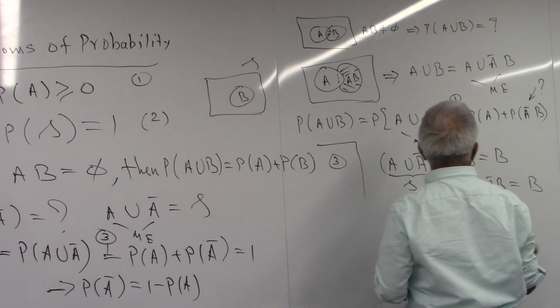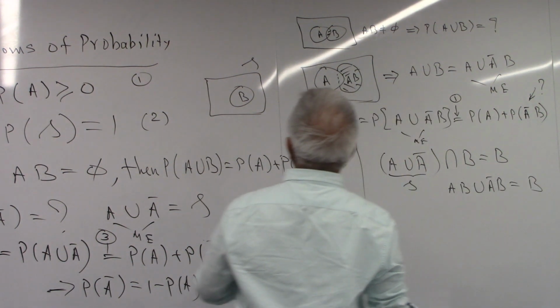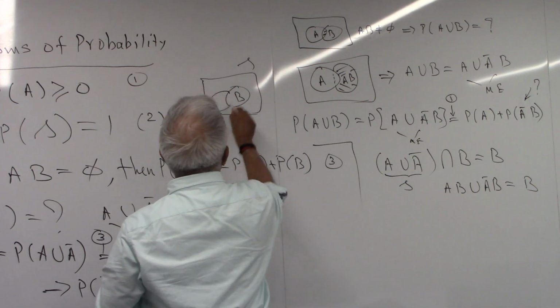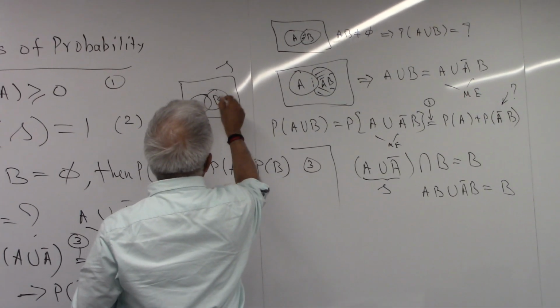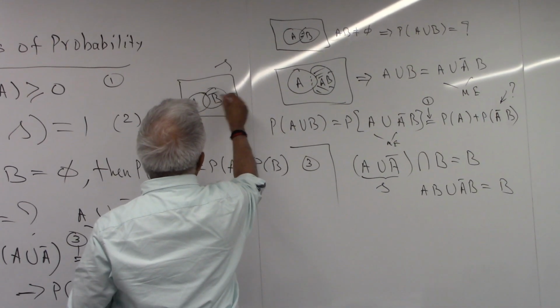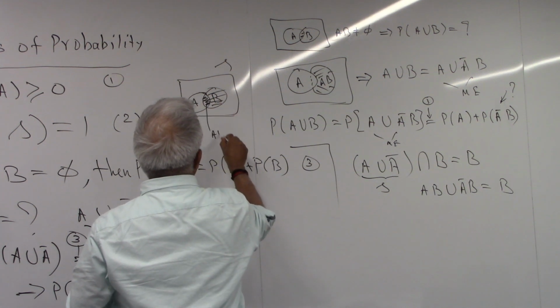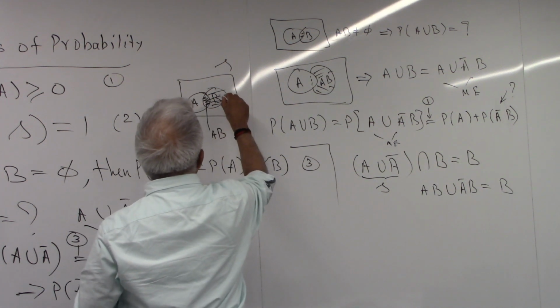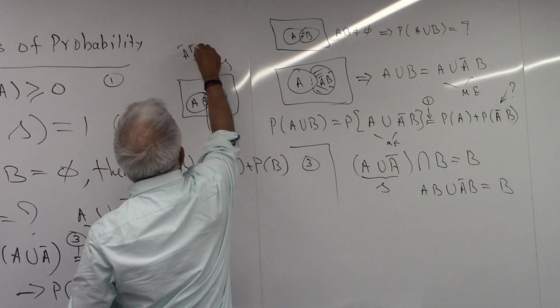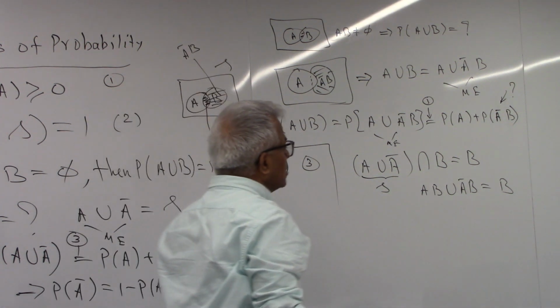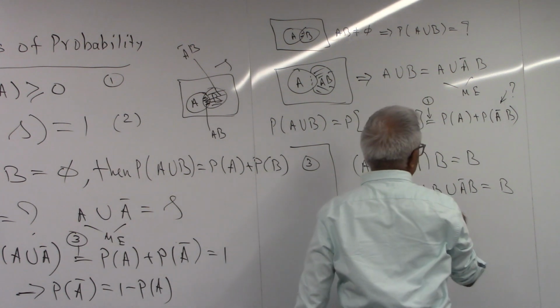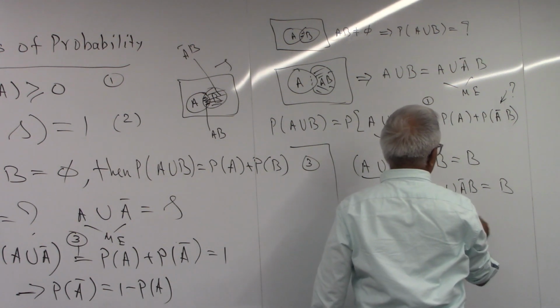So this is another identity. This is not surprising, you can also see it this way. This is A, so all we are doing is rewriting B as A bar B and this region. This region is of course AB, and this region is A bar B. So this is just a decomposition of B, except that these two are mutually exclusive.